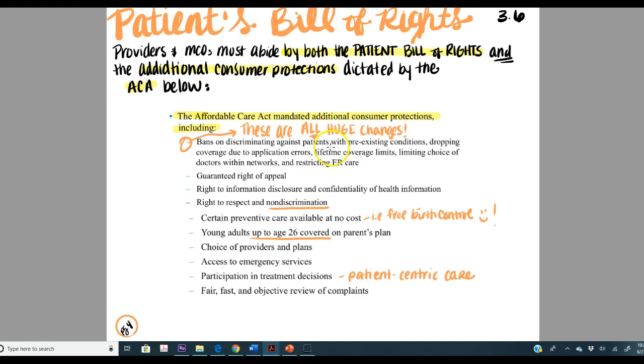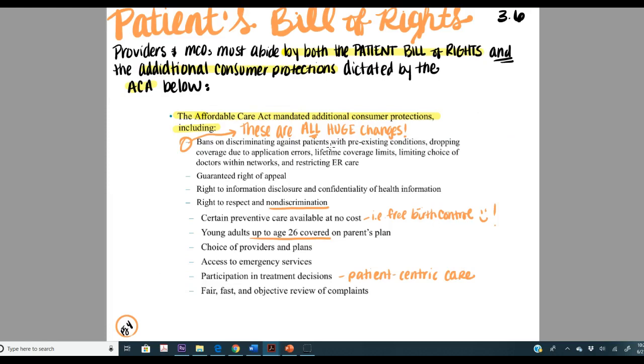Which was nice. Lifetime coverage limits, that was also nice that they did away with those. For instance, people who have very high dollar treatment, for example, cancers, or those who need long-term care facilities, those get very expensive very quickly.